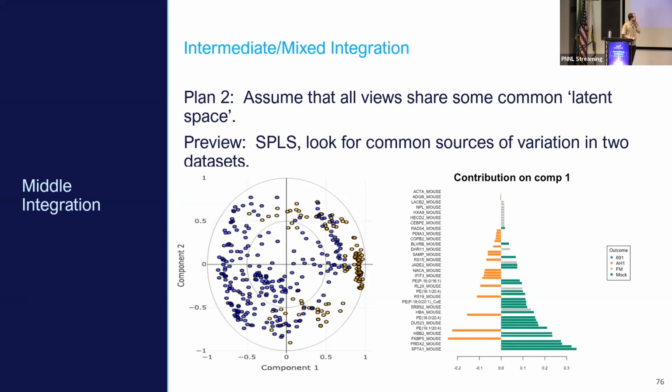This circle plot, I'll try to explain as best I can, captures how much, say, this lipid correlates with one of your latent factors. So here I'm just plotting 2 of the latent factors. It is highly correlated with this one, so it's all the way over here at high correlation with this latent factor represented by the x-axis, and then not so much on the second one. In this data set, there's really not much more, it seems. The blue ones are all over the place in the latent space.